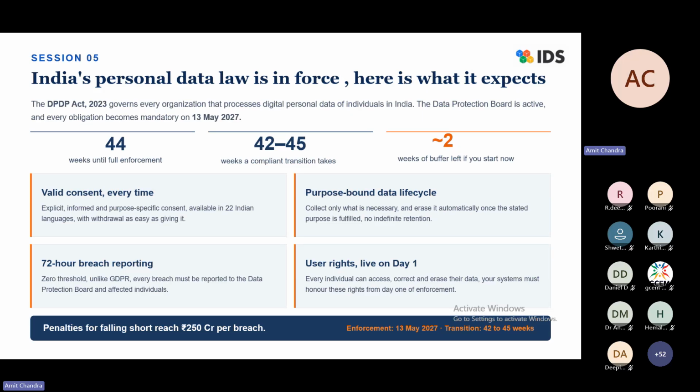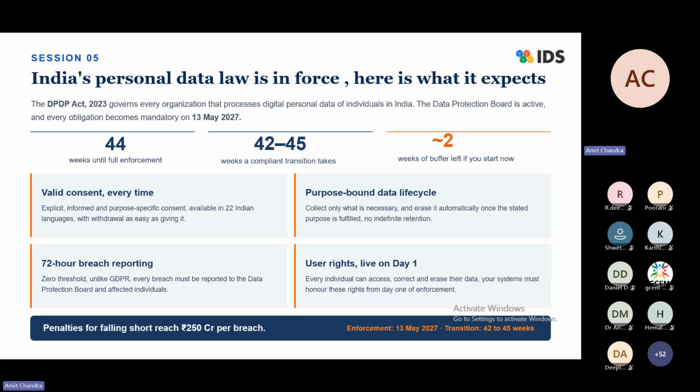It is very important to know that the DPDP Act 2023 is applicable to all those organizations, whether academia or any private entity, not the government entity, who are processing the personal data of an employee or a student digitally. If you are storing the data digitally, then you have to make sure that you protect the data, and you come under this DPDPA Act.